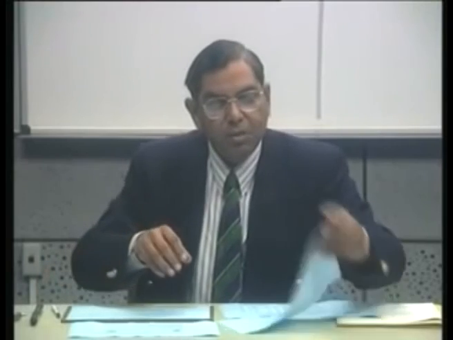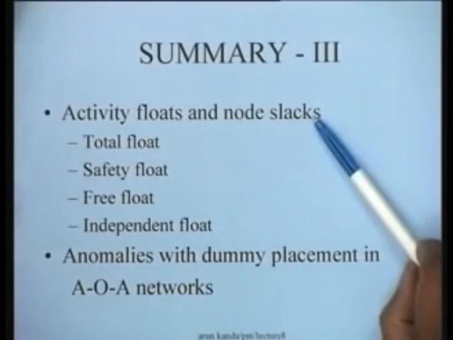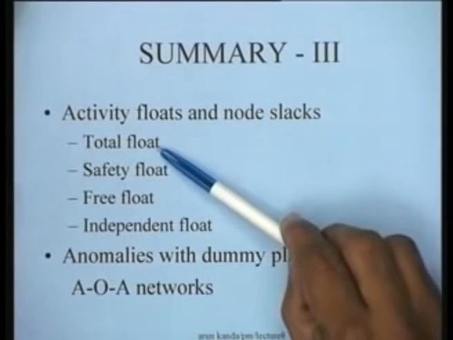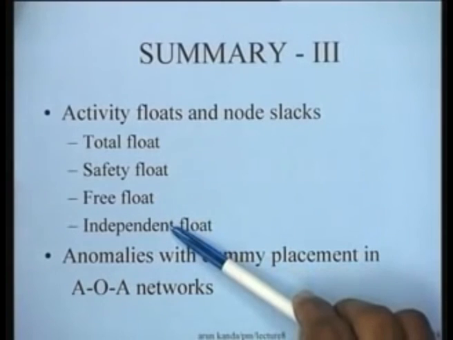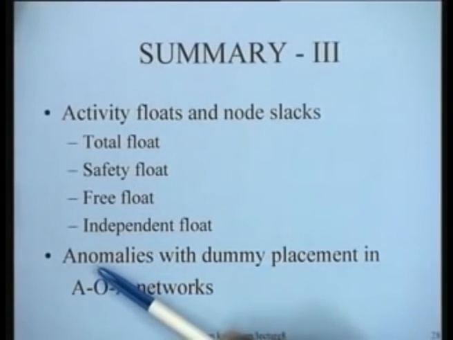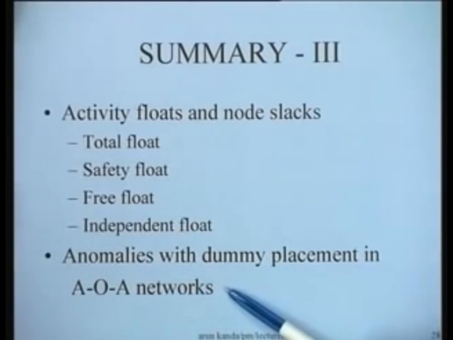And then we talked about some of the concepts of activity floats and node slacks. We talked about the total float, the safety float, the free float and the independent float, and we finally found that there were certain anomalies with dummy placements in AOA networks.